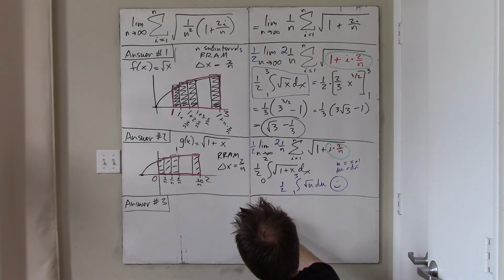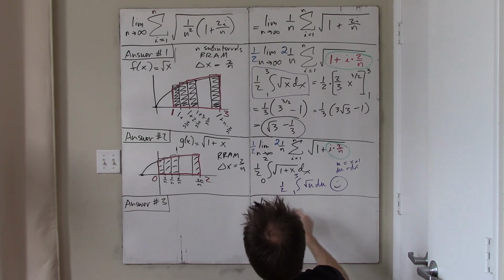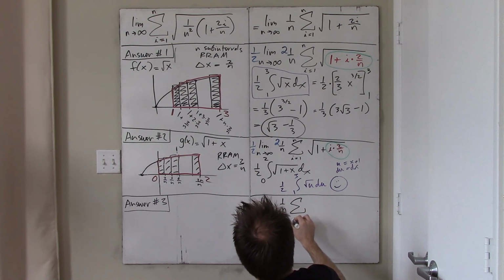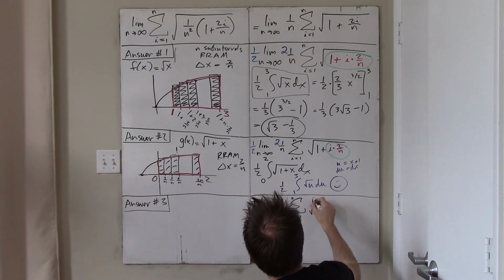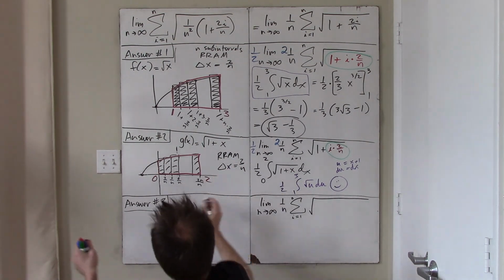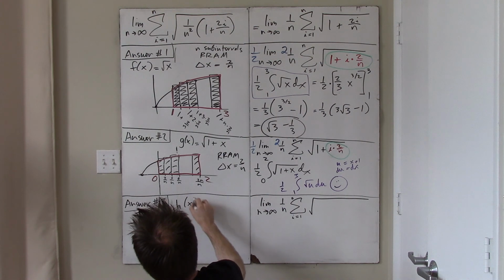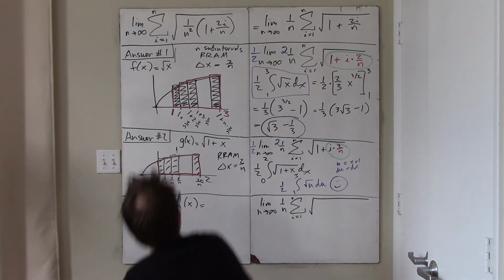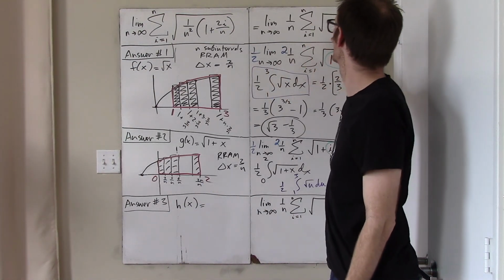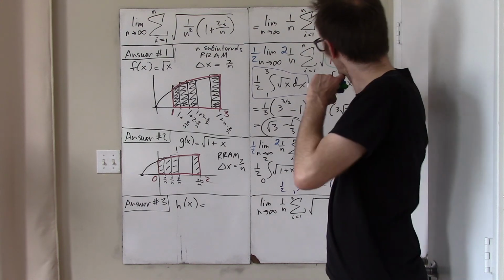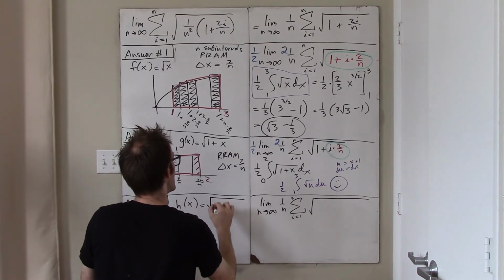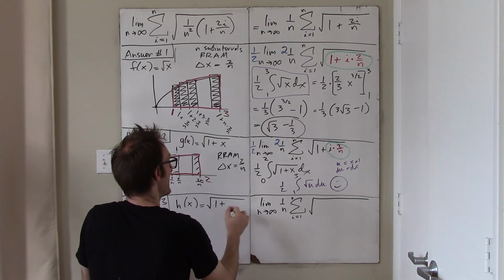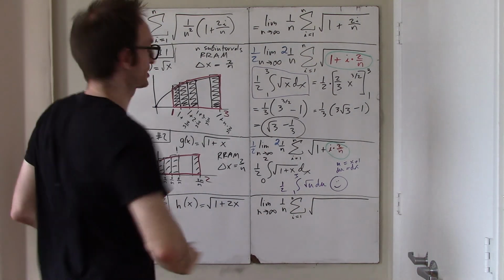So this is the limit as n goes to infinity of 1 over n times the sum from i equals 1 to n of, and now this might be the way that the majority of people thought of, which is they looked at this root 1 plus 2i over n thing, and what they saw was the root 1 plus 2x function.